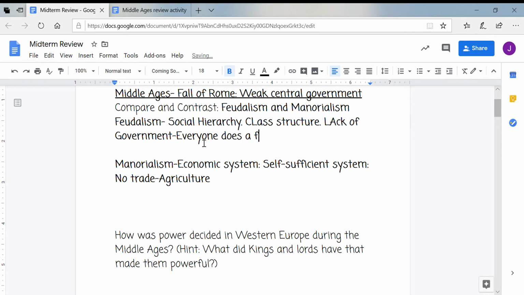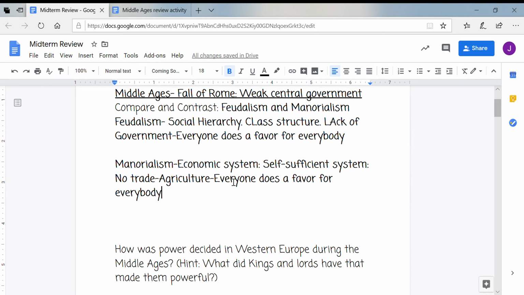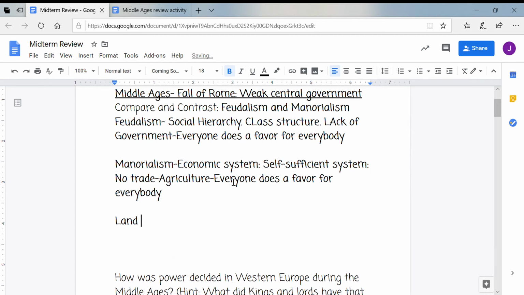Now, remember, just in general, the feudal system, everyone does a favor for everybody. And that can be said for the manorial system. Remember that all this is based around land and services.